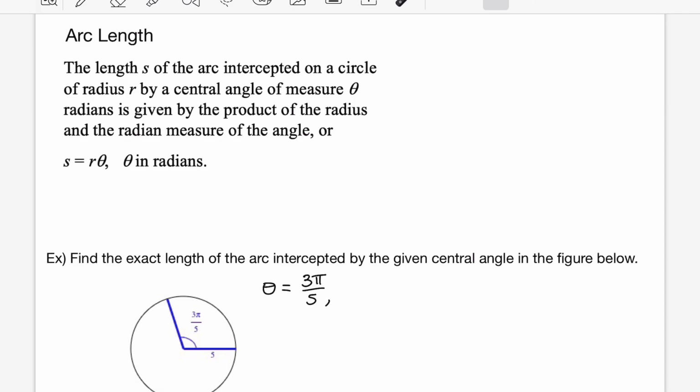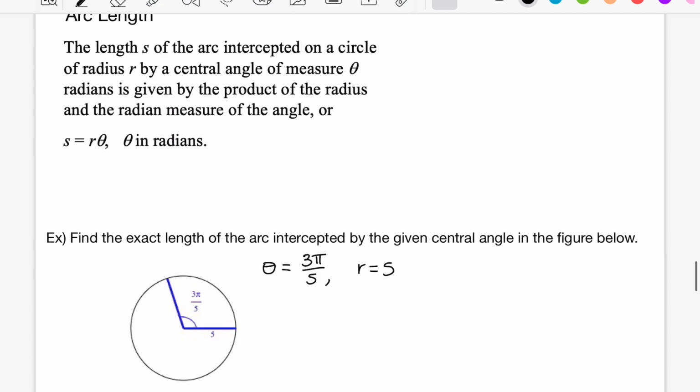And then r, our radius, is given by this guy here, and that's equal to 5. So this tells us our length, s, or our arc length, is going to be given by 5 times 3 pi over 5. And then in this case, our 5's cancel, and so this tells us our arc length is equal to 3 pi.